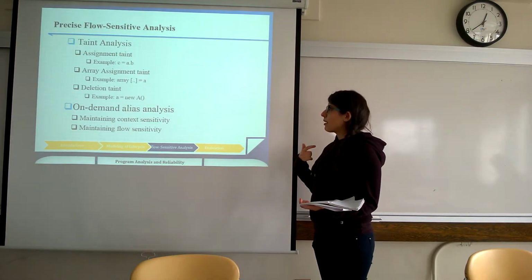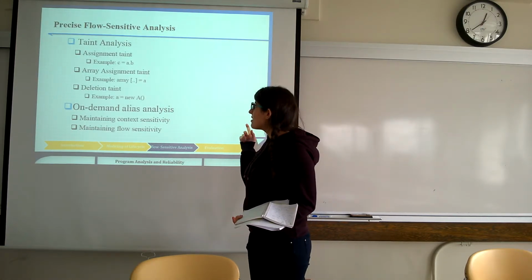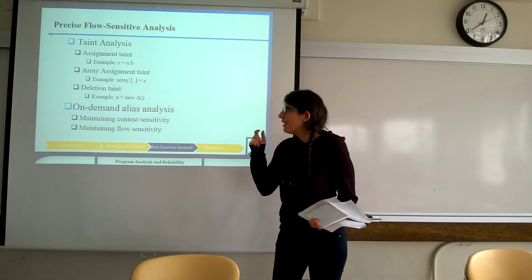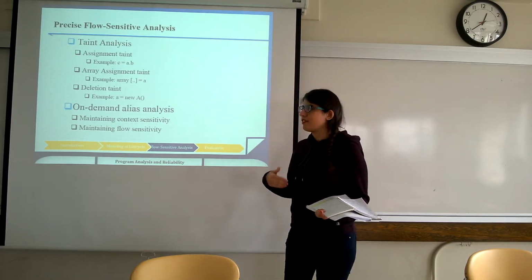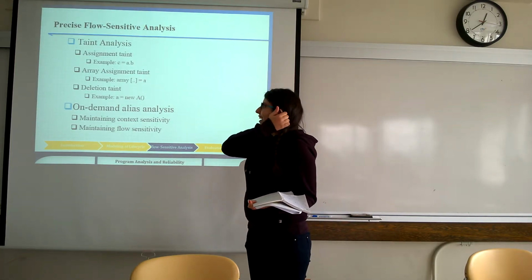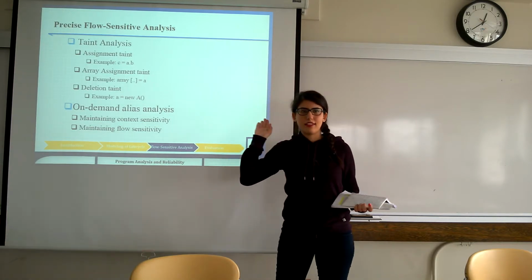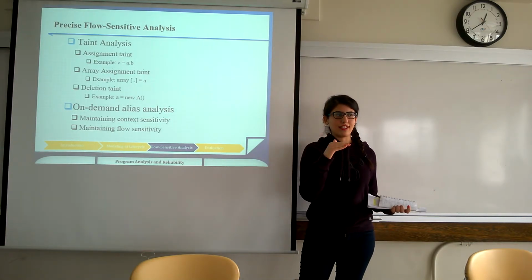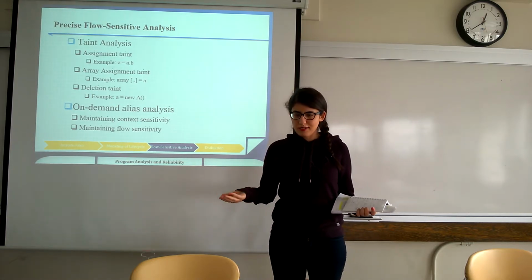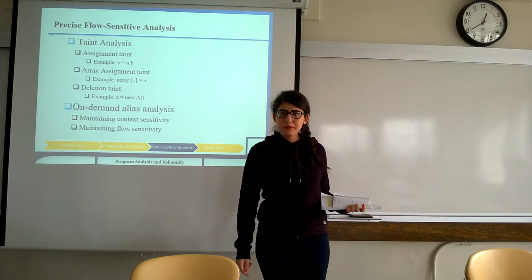Also, they mentioned that to be conservative when dealing with array assignments, they consider the whole array tainted, which later on we'll see has a bad impact on the results. And also, when we assign a new value to a variable, they delete all the things that were assigned to it before, because that information is gone.